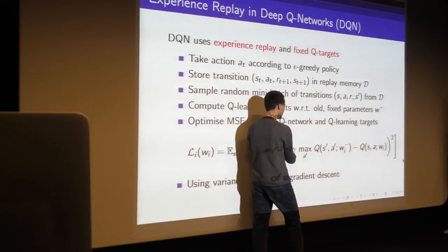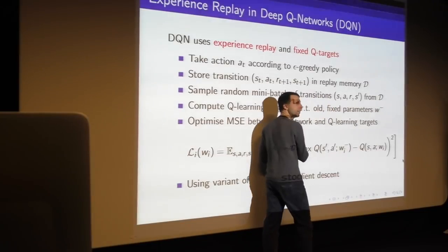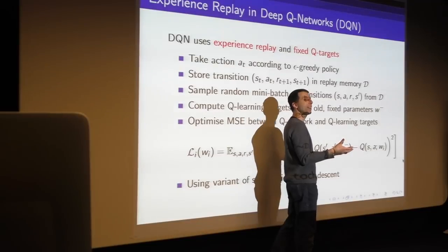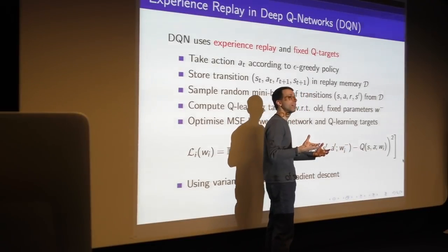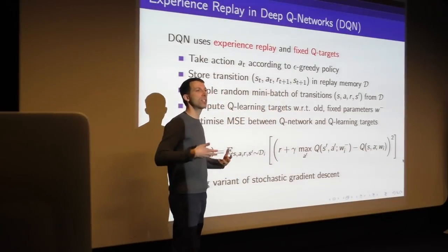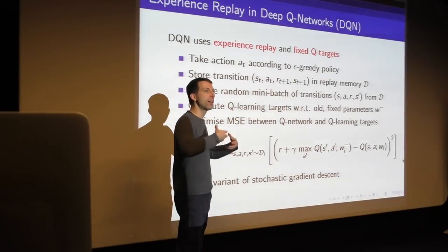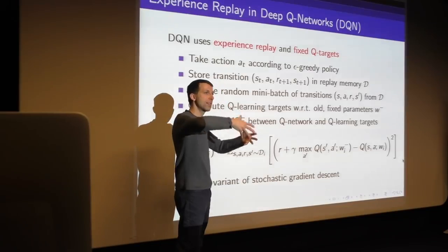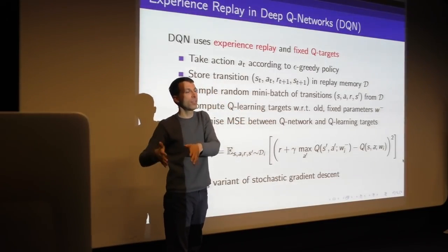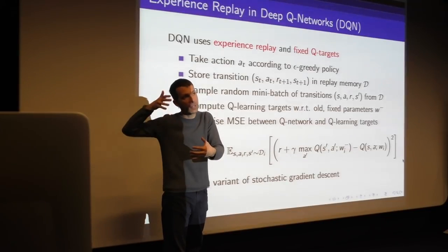The old parameters are going to be used to generate our target values. So we bootstrap the oracle. The thing that we substitute for the oracle makes use of some old parameters. We don't use our freshest, most recent parameters in the target that we're plugging in place of the oracle. We use some fixed old values. And the reason is that we want to fix this because it gives us a more stable update.